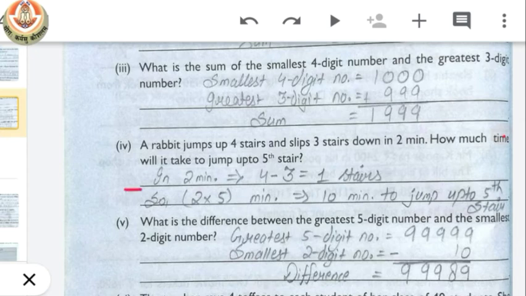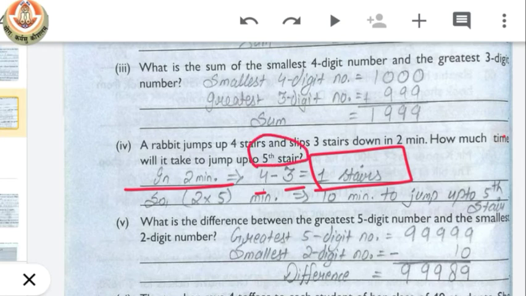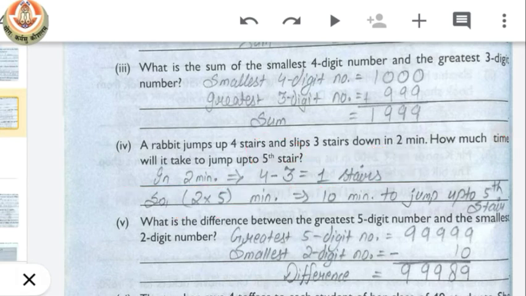We know that in just 2 minutes, 4 minus 3, that is 1 stair, it jumps. So to reach 5 stairs, how much time will it take? 2 into 5, so that means 10 minutes to jump up to the 5th stair.